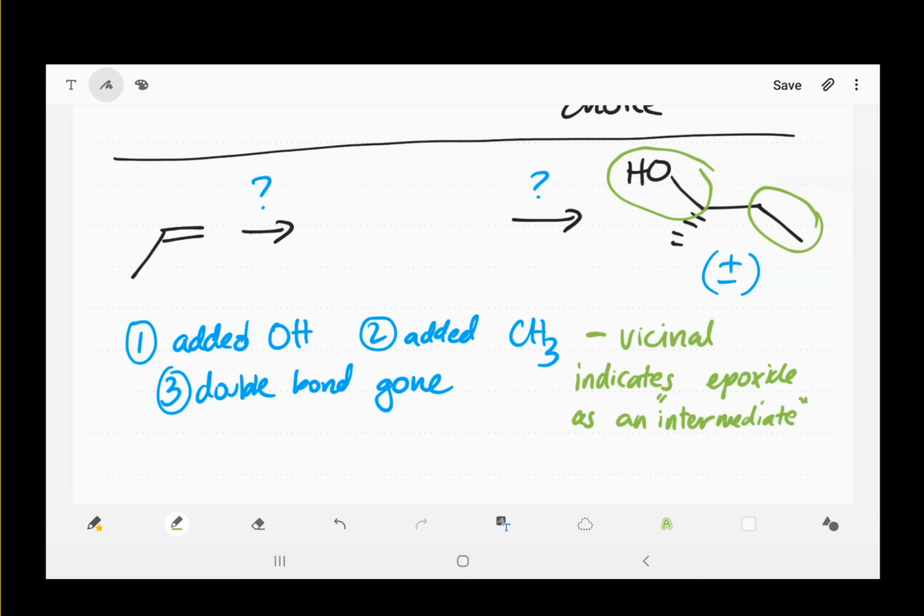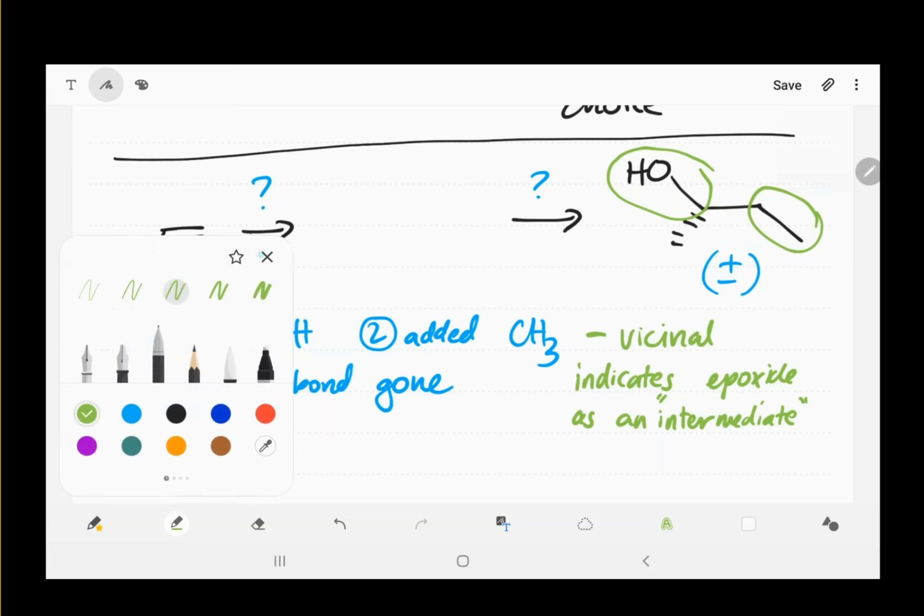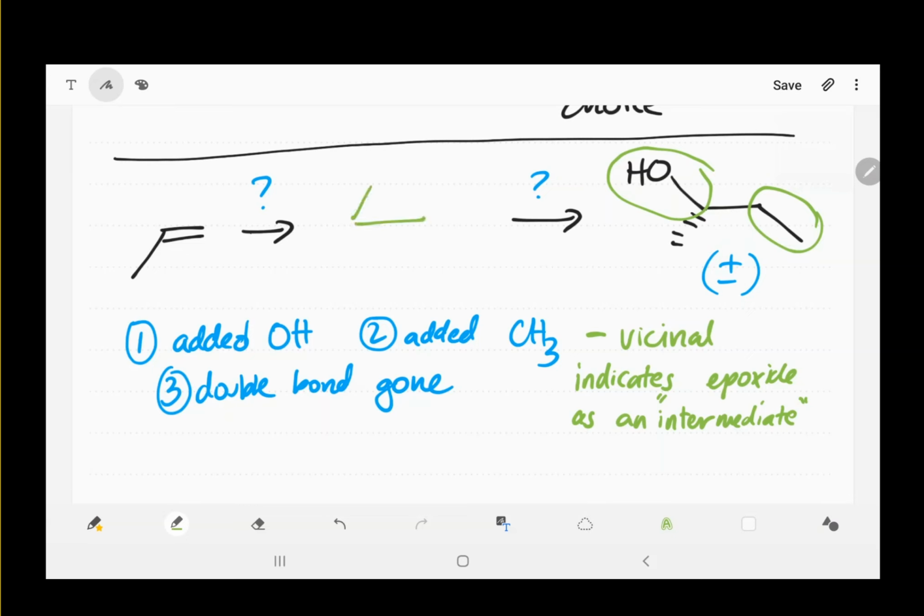So, with that, if we have an epoxide intermediate, thankfully we know what those must be, right? If we know we can make epoxides from alkenes, so here we go. There it is. There's our epoxide from our alkene.